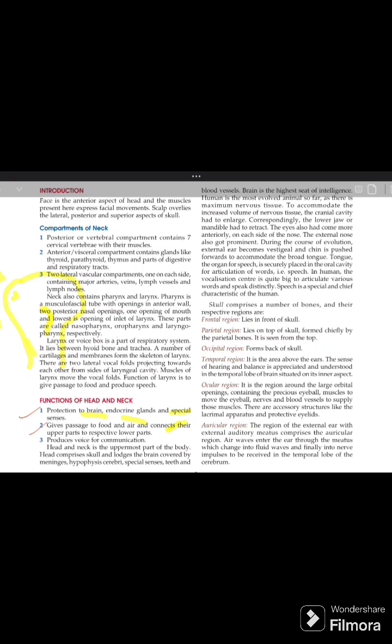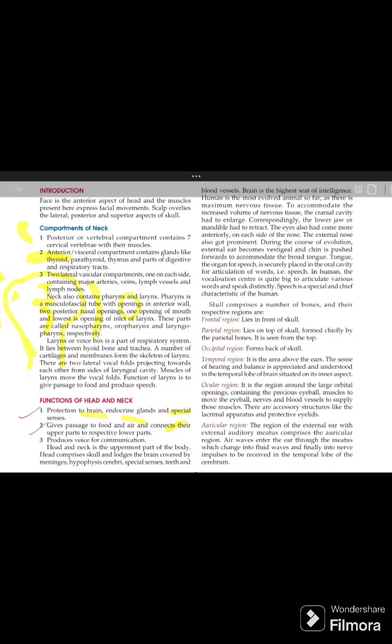The parietal region is the top part where the parietal bone is present. Then there is the occipital region, the posterior part. Then the temporal region is the lateral part, on both lateral sides of the skull, formed by the temporal bone.